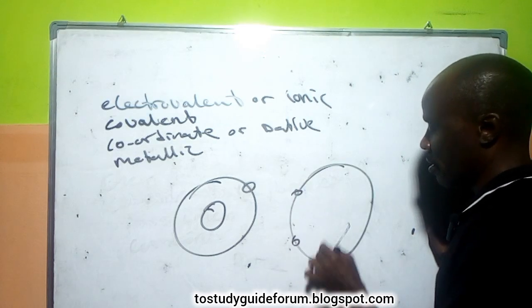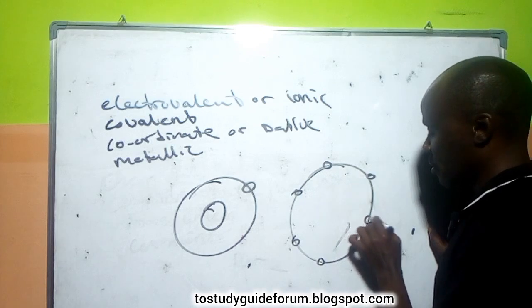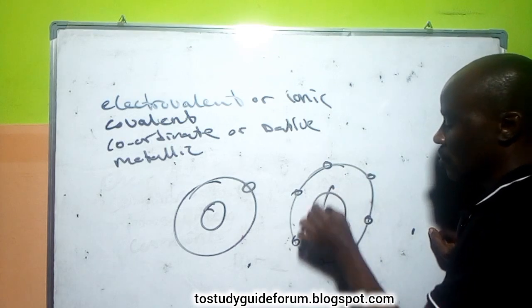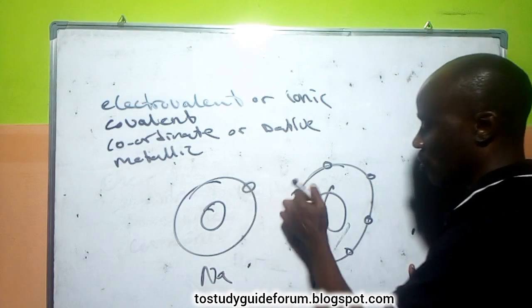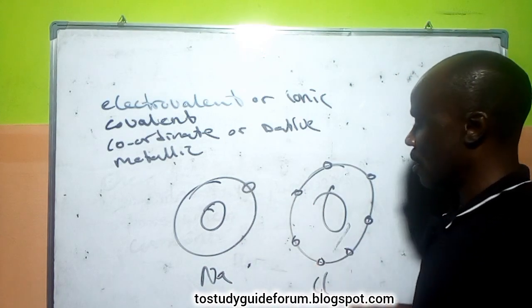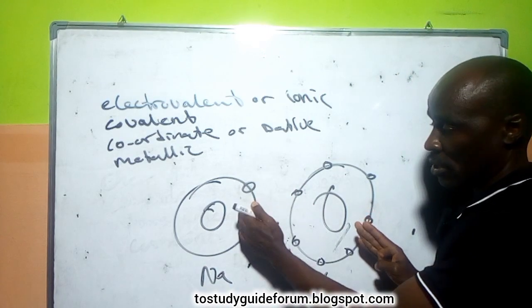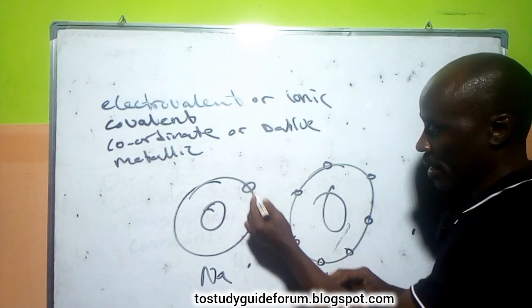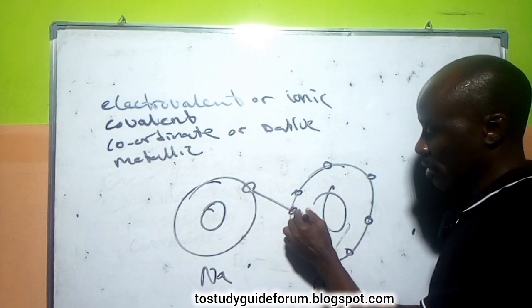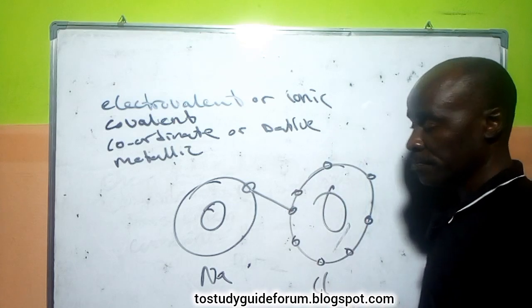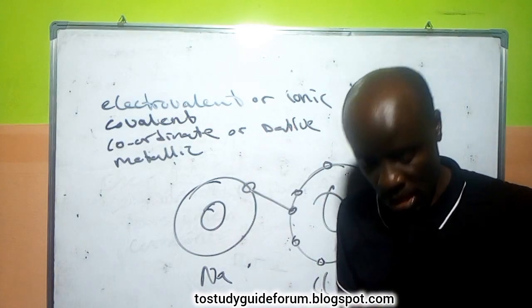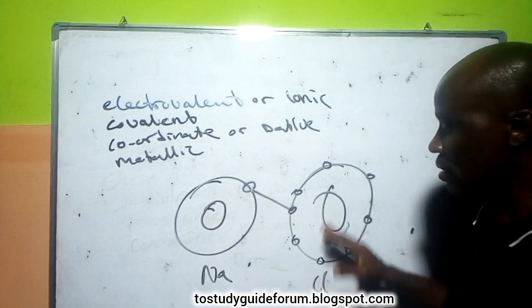So this is chlorine, this is sodium. When they combine, the sodium's electron will go over to chlorine, making it 8. The octet state is now achieved.